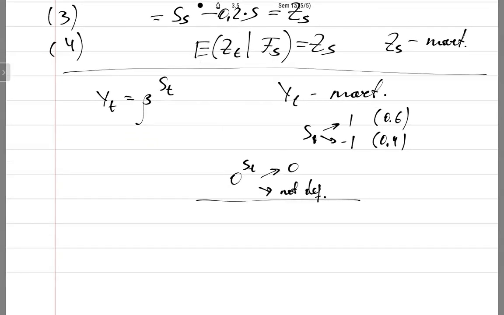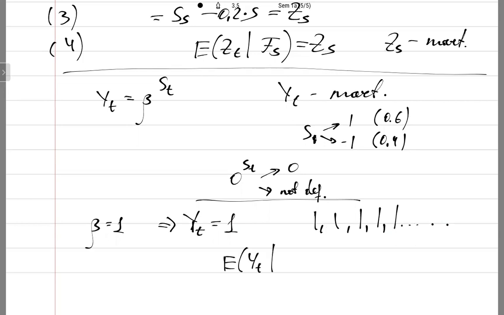Beta equal to 1 is the obvious beta to make it a martingale, because if beta is 1, then Y_t is just 1, because 1 in any power is 1. And basically, if you have a random process that is 1, 1, 1, 1, 1, the best guess of Y_t given F_s is 1, so it's a constant process, and it's a martingale.